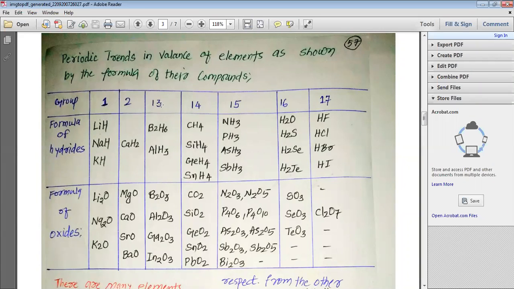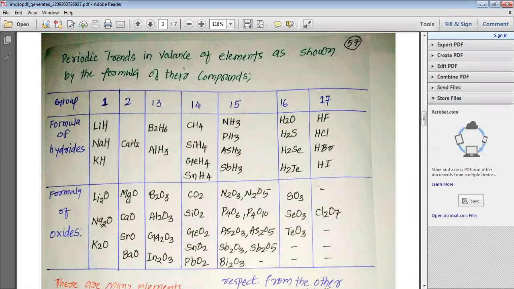In P4O6 phosphorus is +3, in P4O10 phosphorus is +5. In As2O3 arsenic is +3, whereas in As2O5 arsenic is +5. In Sb2O3 antimony is +3, whereas in Sb2O5 antimony is +5. And in Bi2O3 Bi is +3. Bi generally does not form stable Bi +5 compounds. Why? That we will study later by the name of the inert pair effect.